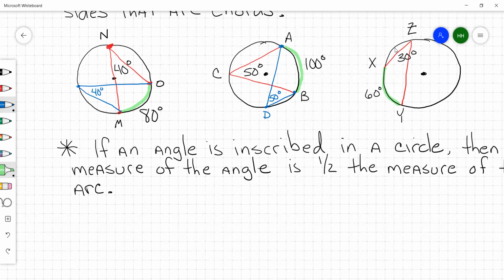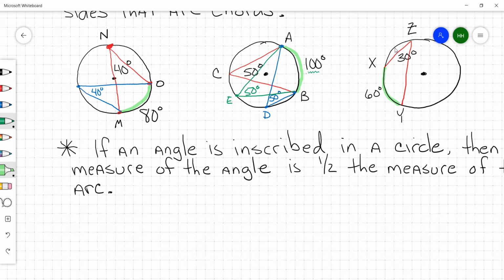Okay, so you could pull all kinds of, if I pull another color out of here and I go here, it starts to get messy. Call this E. What's angle E? You get the idea? If they all end on A and B and their vertex is anywhere on the circle, it's a 50-degree angle if this arc is 100 degrees.